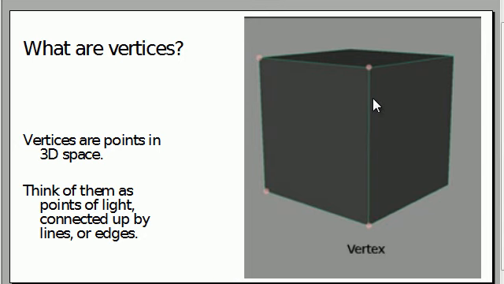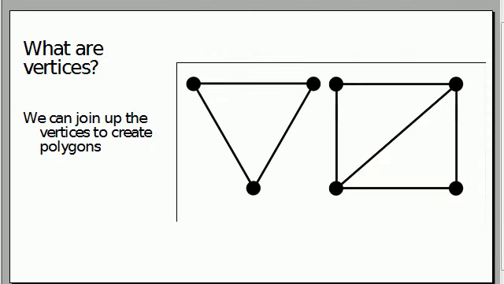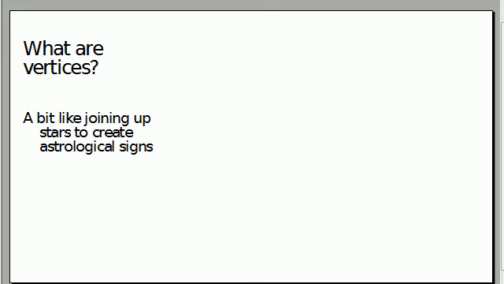So what are vertices? Vertices are points in 3D space, and you can think of them as little points of light connected up by edges, almost like little stars in the sky, if you like. And when you're thinking in terms of edges, you can think in terms of joining up those lights to create, say, star signs of the zodiac, the Great Bear or Cancer or whatever. You can join these vertices up to create polygons, a bit like joining up stars to create astrological signs.